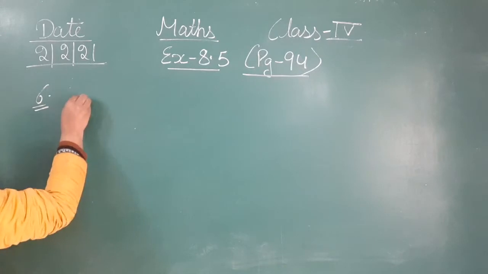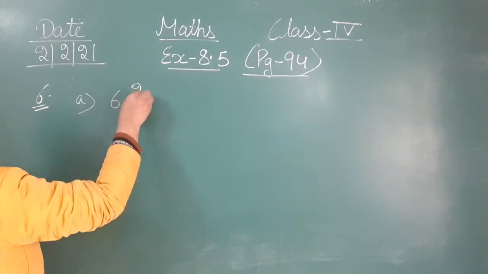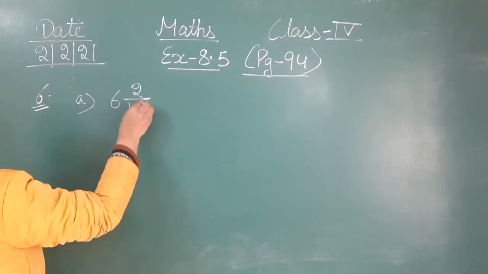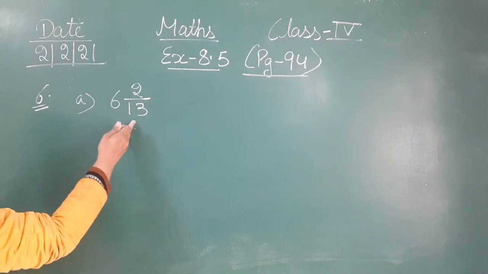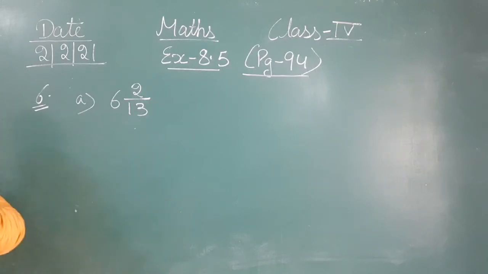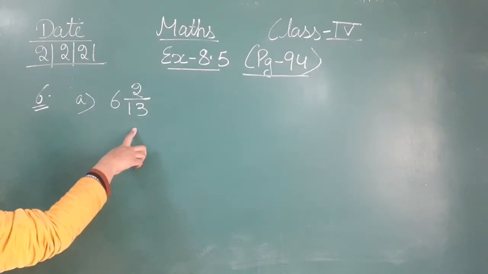The A part is 6 and 2 upon 13. Now we have to convert this given mixed fraction into an improper fraction.